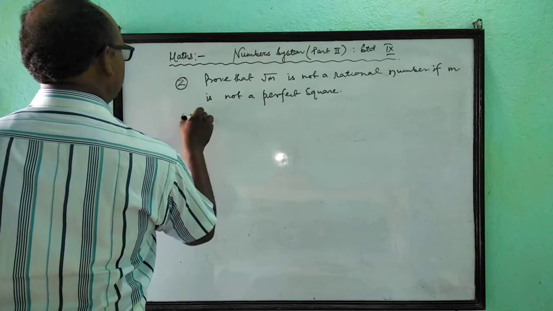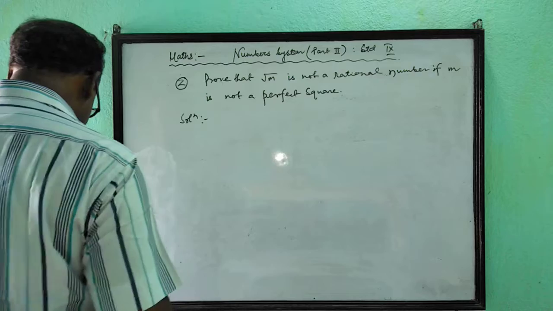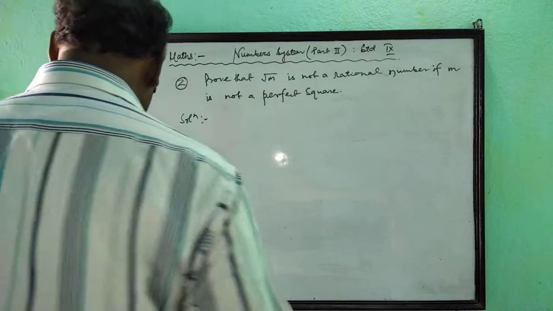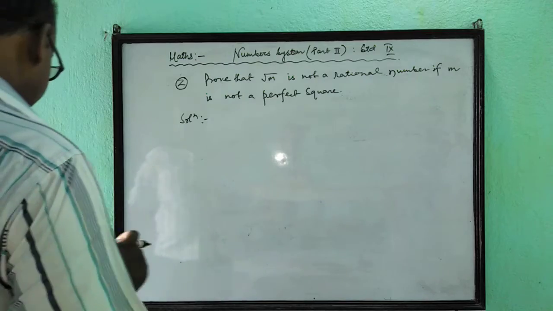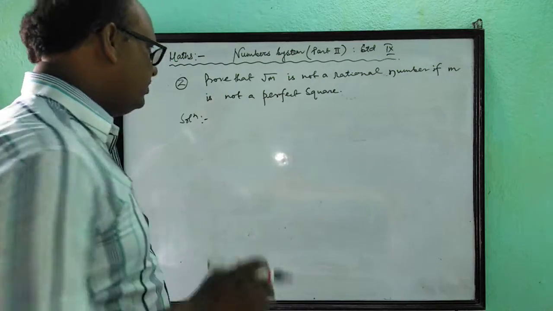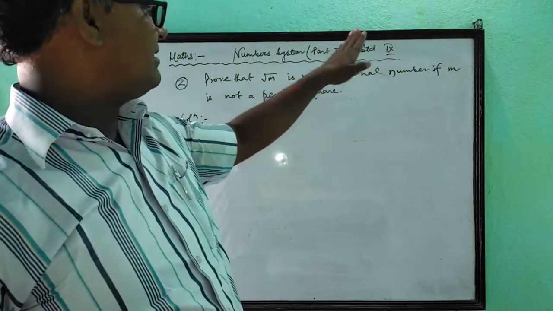Solution. Since we have to prove root m is not a rational number, we assume it is a rational number.